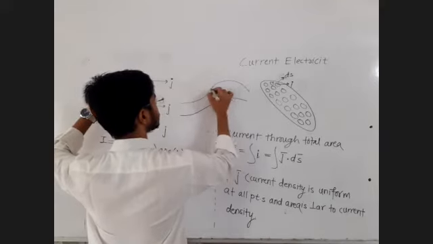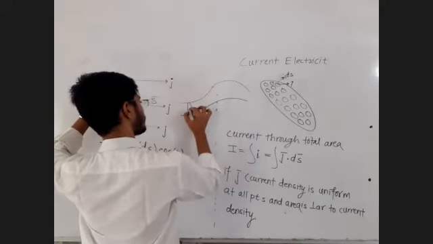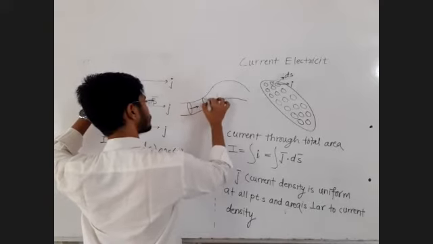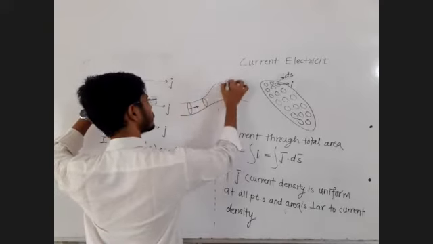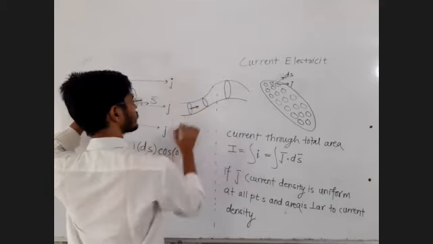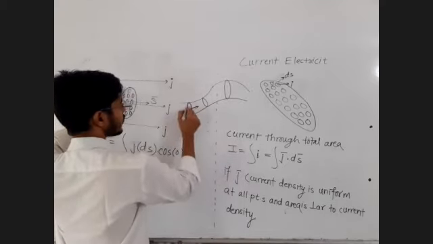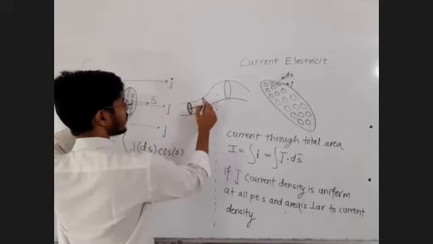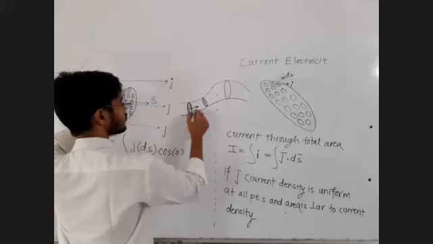points, is this going to be the case that everywhere current density is uniform? Over this area current density you will find uniform.